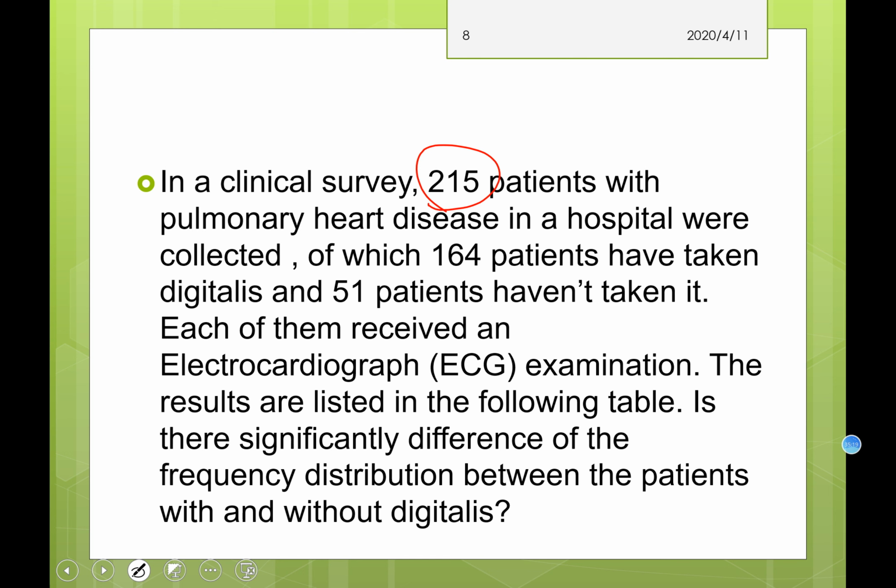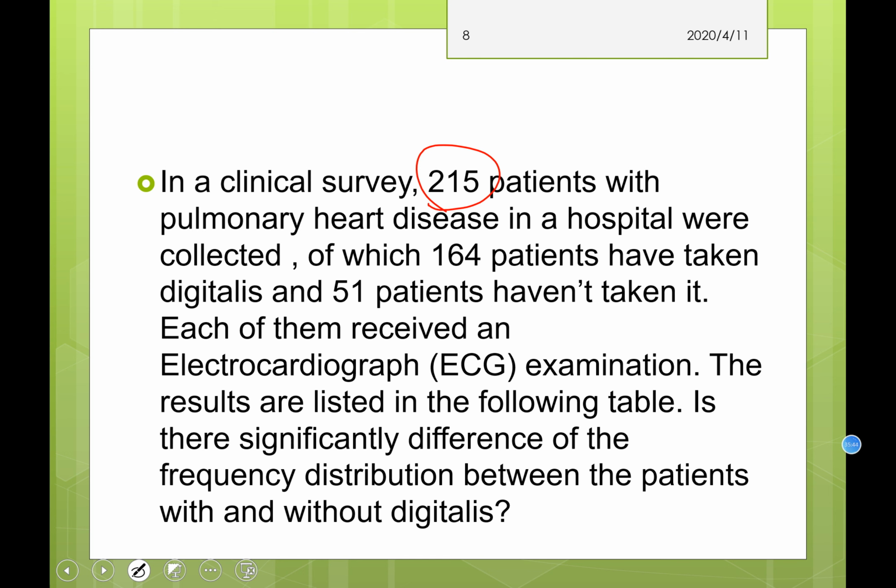No matter how many groups or how many levels are in this research, the whole sample size is 215.